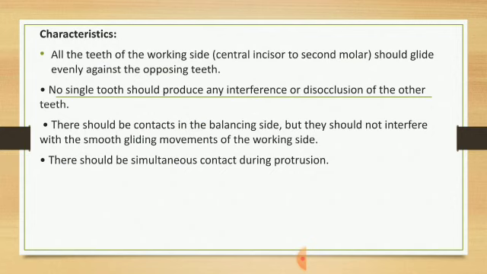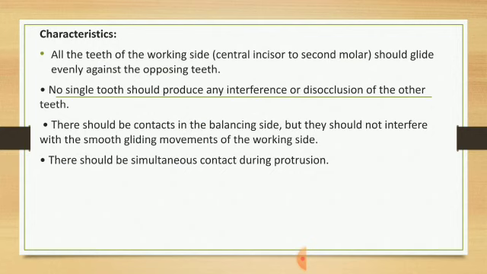Working side is if patient is asked to move his or her jaw to the right side, then in this case right side forms the working side, whereas left side forms the balancing side. So whenever patient glides or moves the jaw towards the right side, in that case all the teeth of the right side should glide evenly against the opposing teeth, like upper and lower teeth of the right side should glide against each other evenly. So this is about the first point.